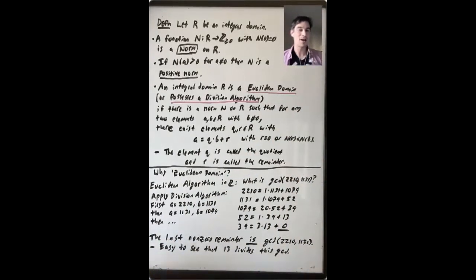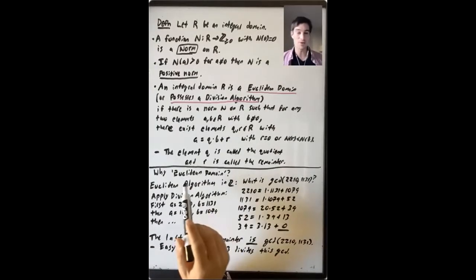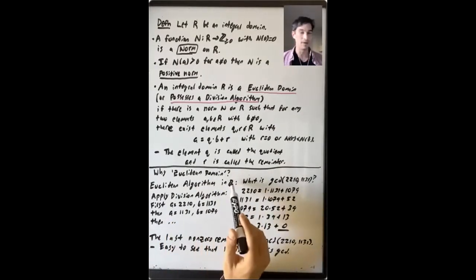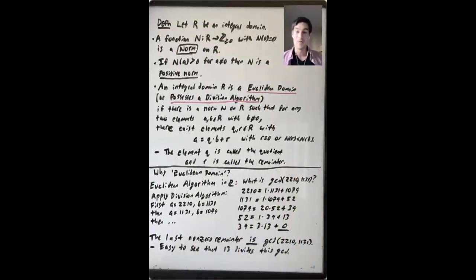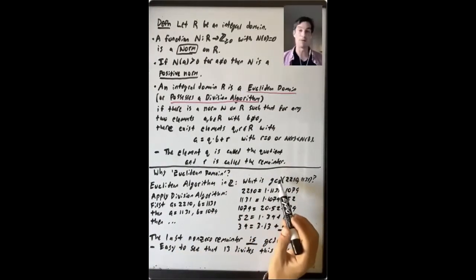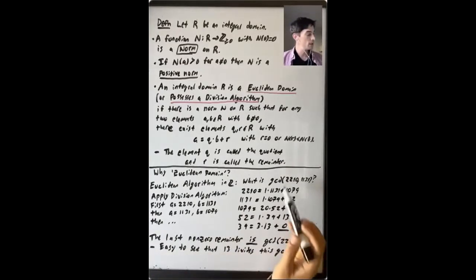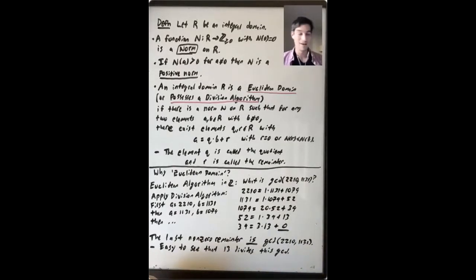To answer that, I'll first remind you what the Euclidean algorithm does in Z. One thing it does is tell you how to compute the GCD of two integers. So what is the GCD of 2210 and 1131? What's the idea? You apply the division algorithm, and then you apply it again, and again, and at some point you have one number dividing another.